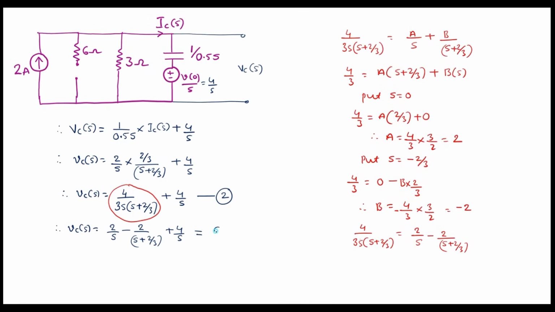This can be further represented as 6 by s minus 2 divided by s plus 2 by 3. So now applying the inverse Laplace transform, we get VC of t is equal to 6 by s, which is 6 u of t, minus 2 e power minus 2 by 3 u of t. This is VC of t.